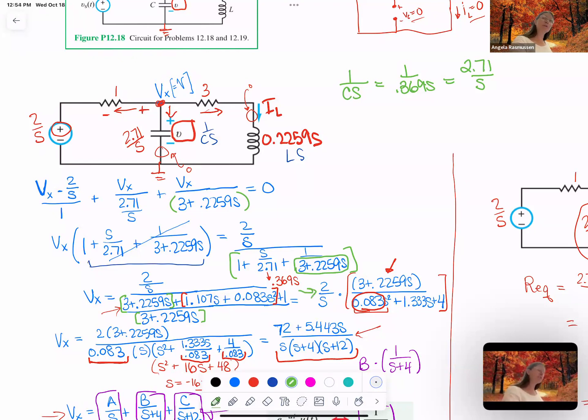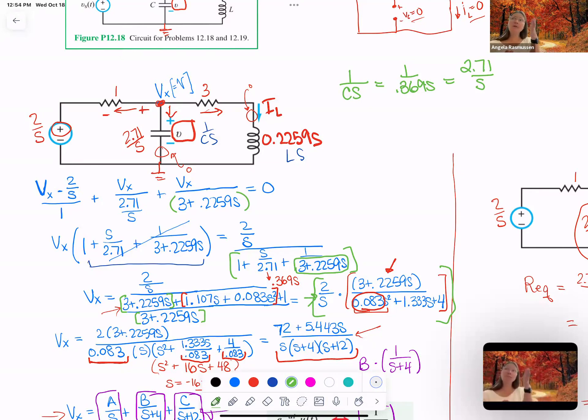So you got this one right here, this quantity here. Okay. So from here, in order to do partial fraction expansion, do you need S squared to have a 1 in front?